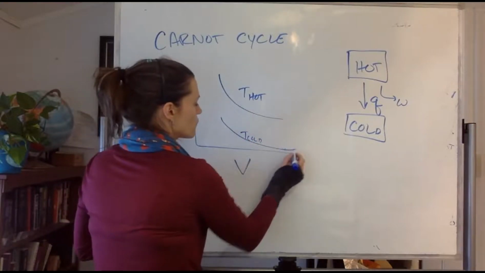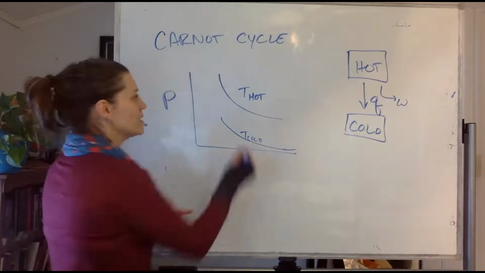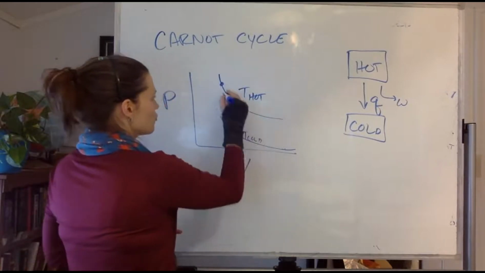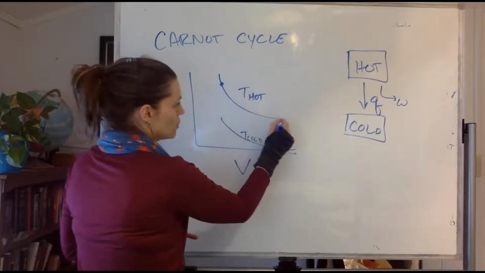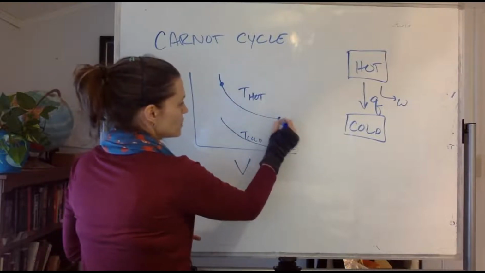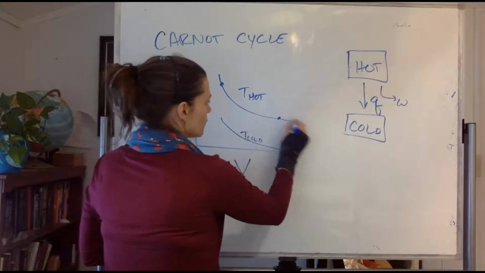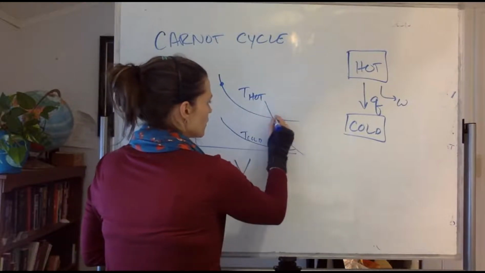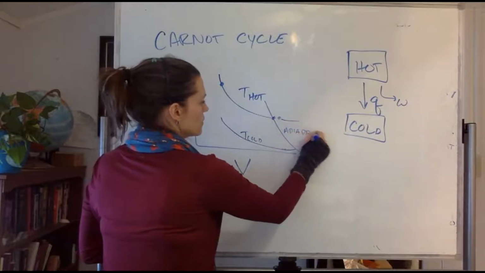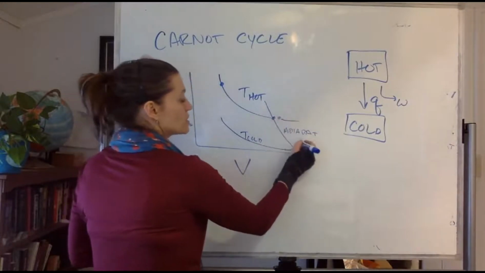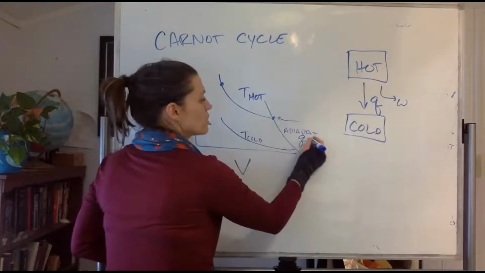All right. So then I can have my process go from this volume and this pressure down the isotherm, following the ideal gas law, to this value. Then this would be an adiabatic transfer, where T changes but Q equals 0.